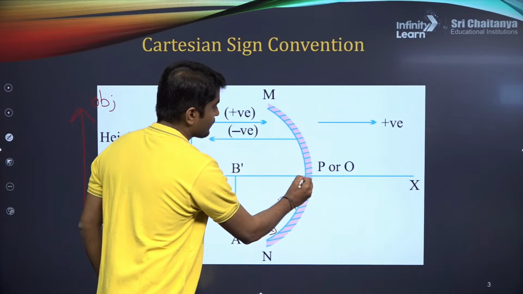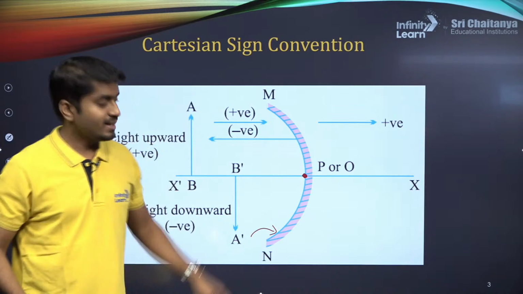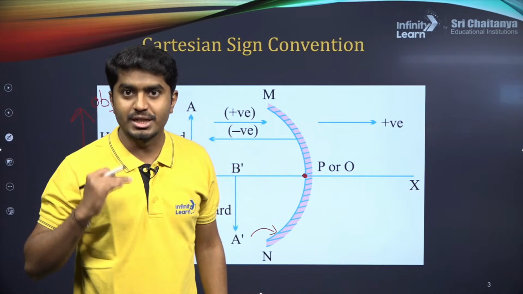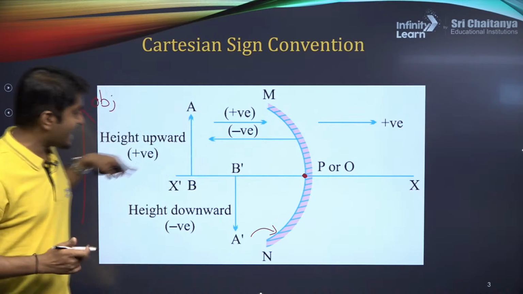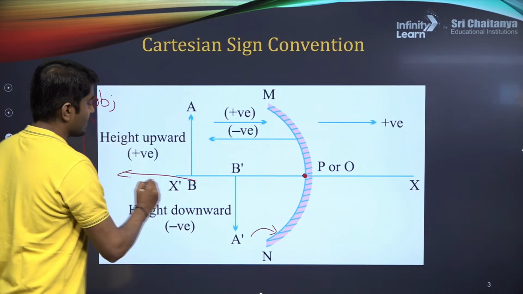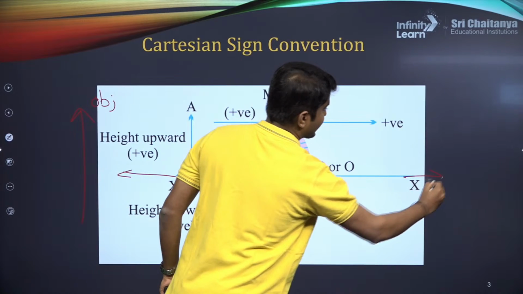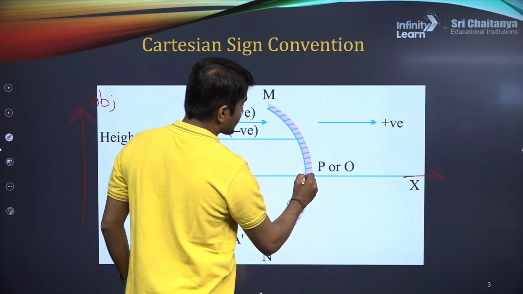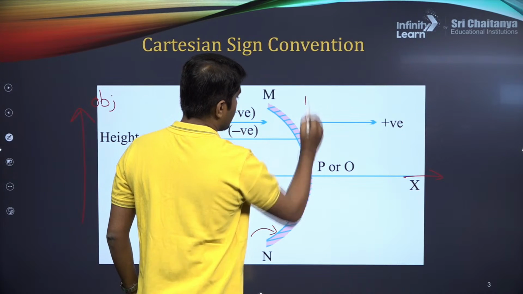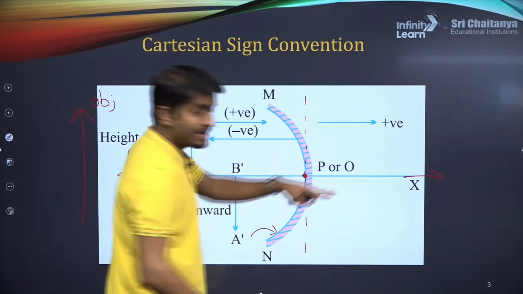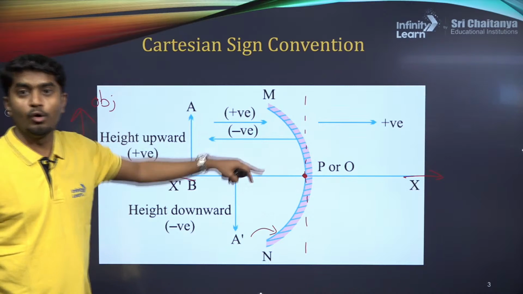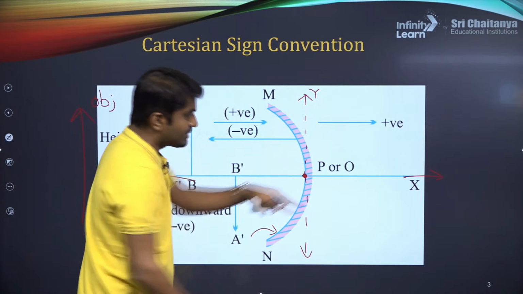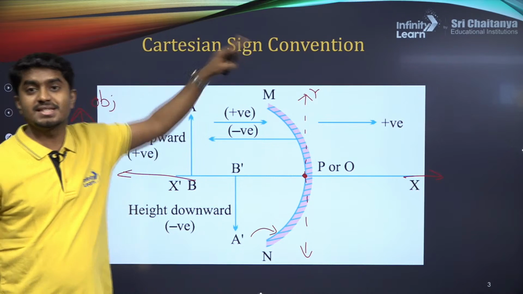This point, the center of the mirror, is our pole, and this pole will act like an origin. This x-axis will act like our principal axis, and then draw an imaginary line perpendicular to the principal axis passing through the pole. That would be our y-axis. So now this will look like a Cartesian system.